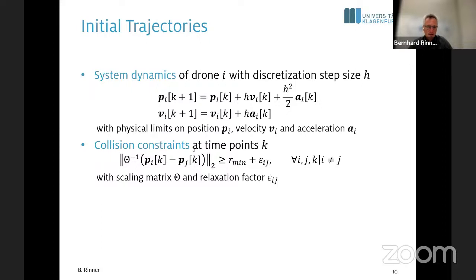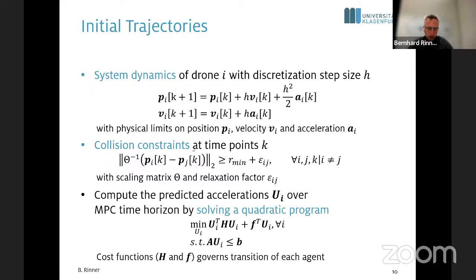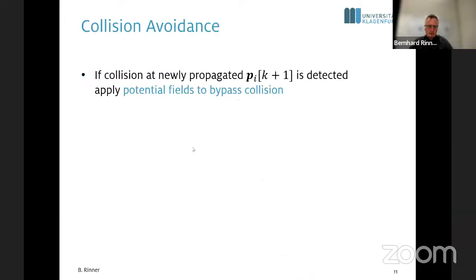We maintain safety regions around each drone, and then we can establish a quadratic program to solve for the accelerations of each drone, subject to specific constraints on maximum velocity and maximum acceleration, and the various cost functions H and F that represent the constraints for the transition of each agent. The output is then rough plans for the drones, maintaining collision-free movement because we impose these collision constraints.